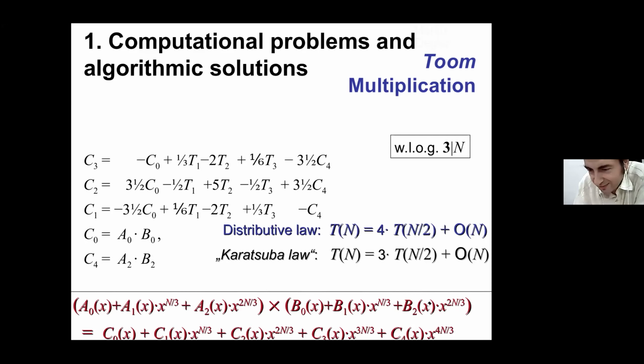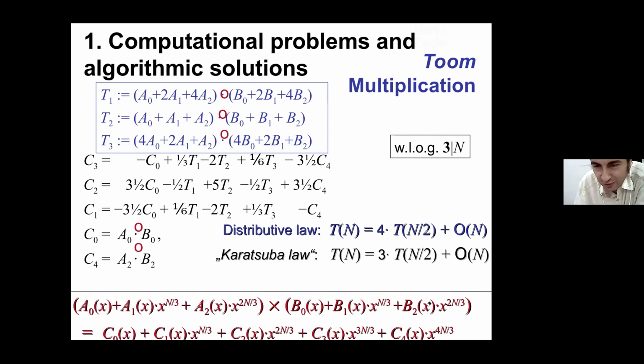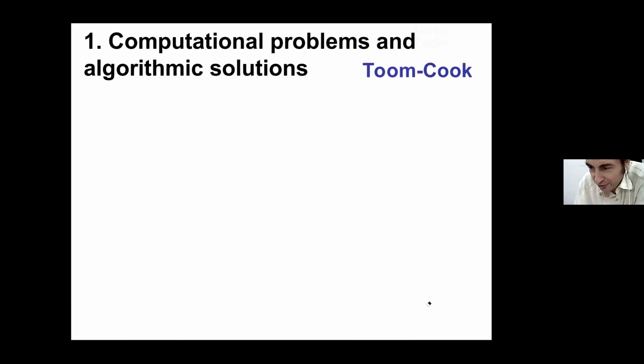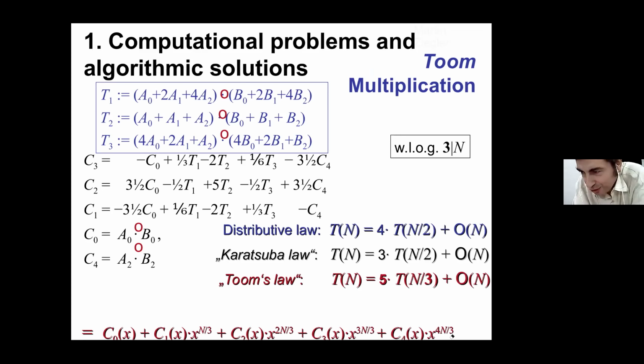If I do this in the ordinary way, I can do this with 9 multiplications, but I want to reduce the number of multiplications, and we found that we can do this with 5 multiplications. Taking linear combinations was not important for the complexity, so by Toom, we can now reduce the size of the polynomials by 3, and we have 5 multiplications.